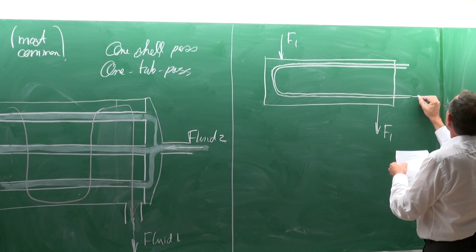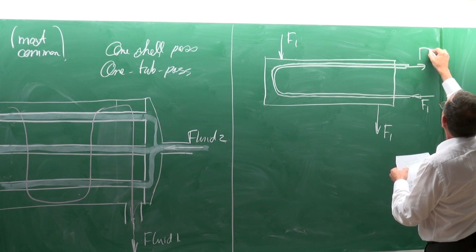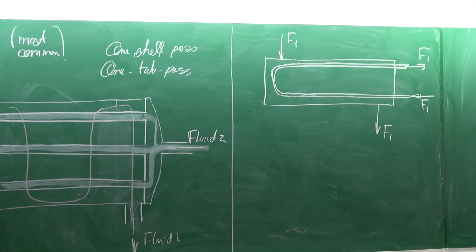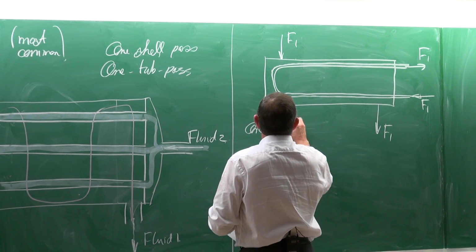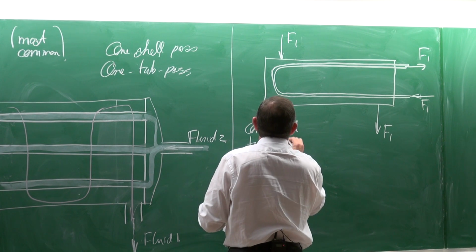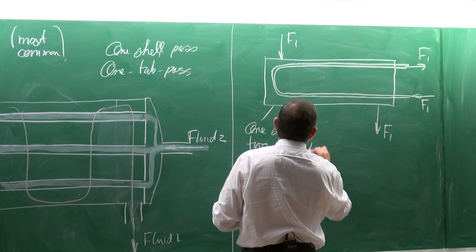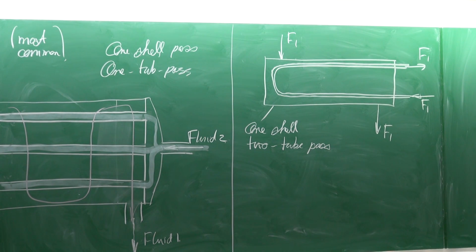It would typically, fluid 1 will go in there, and fluid 1 would exit there. And what we have here is one shell, but a two tube pass heat exchanger. A one shell pass and a two tube pass heat exchanger.